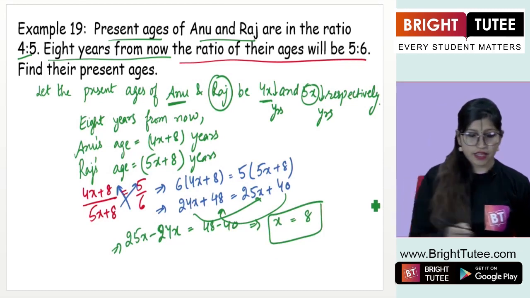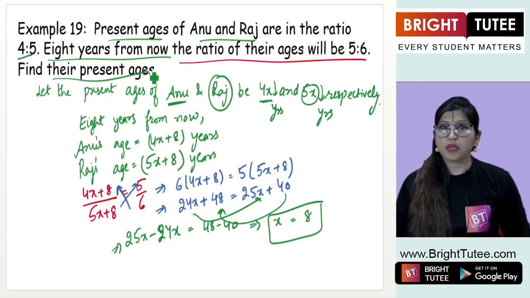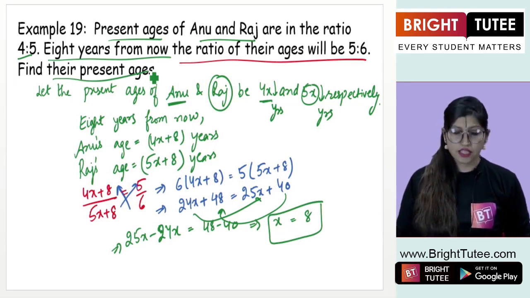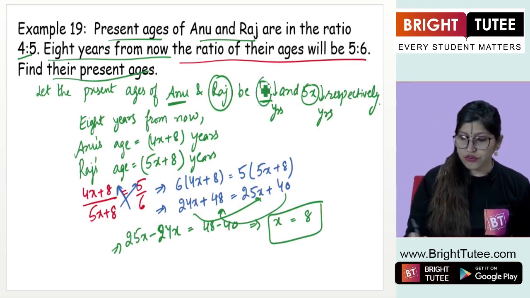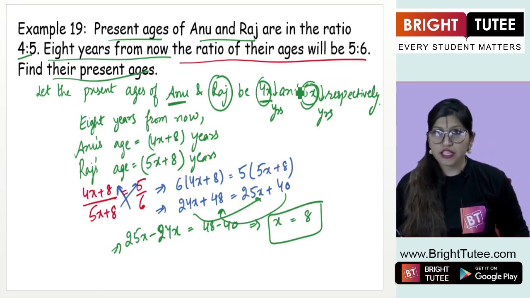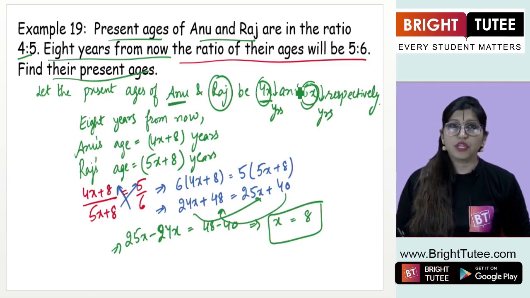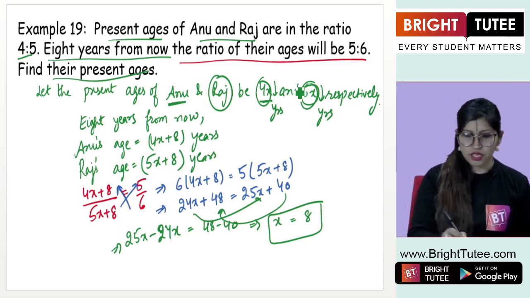No. Why? They asked about their present ages. Now, what are their present ages? Is that x? That is 4x and 5x. So after finding the value of x, we'll end up with the final thing which we are looking for, that is, their present ages.